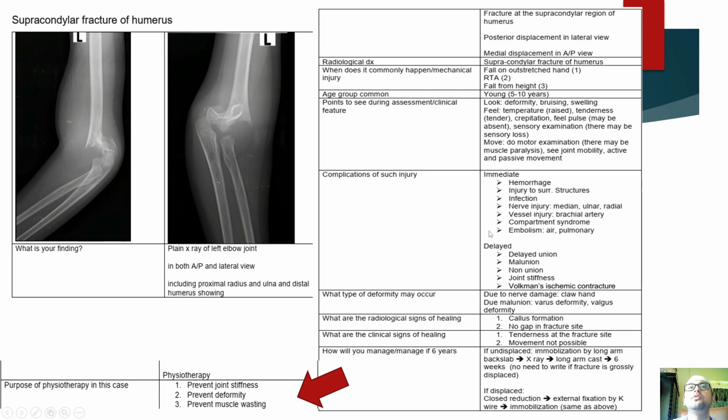And some motor movement. Look, feel, and move. We'll do these three tests.